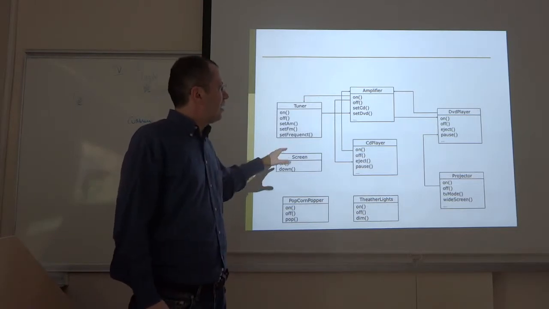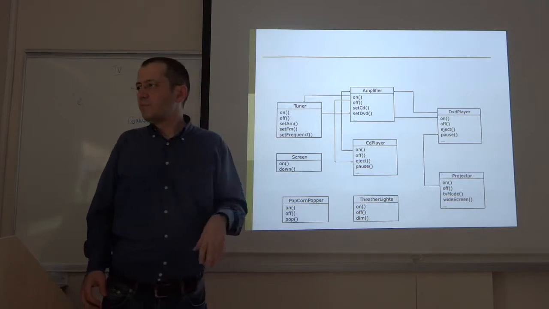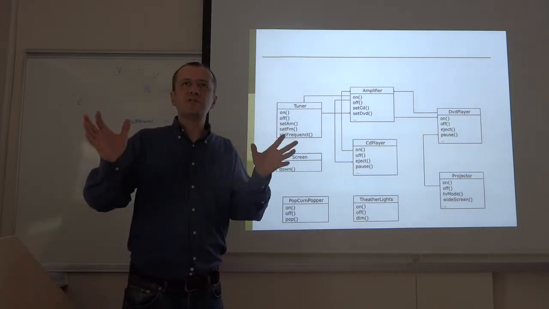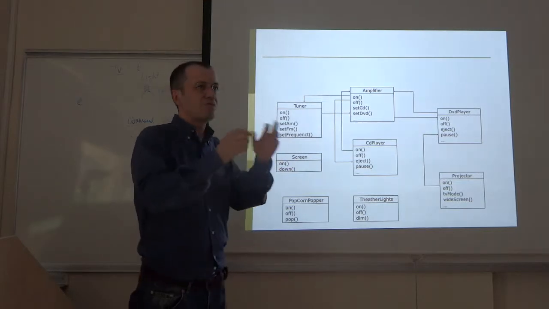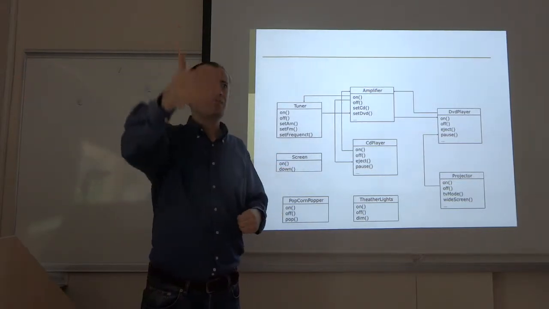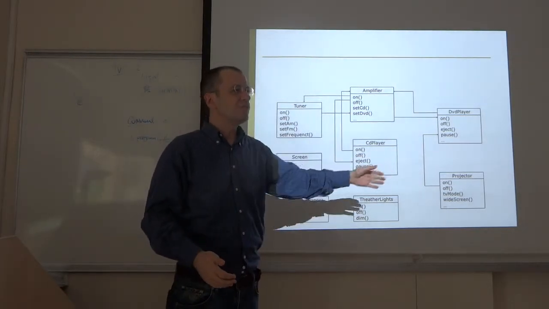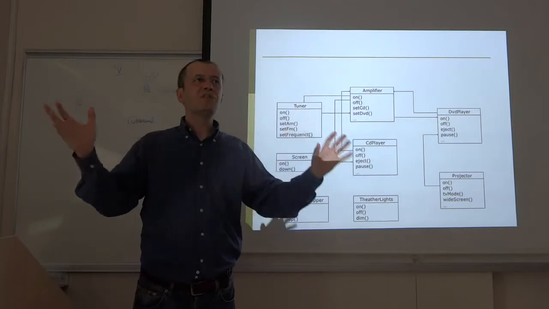So, for example, I have many things going on in my home theater system. Turn on the TV, set the tuner, put the DVD on, turn the lights off, and maybe bring down the screen, and all of them are one thing that I'm doing.